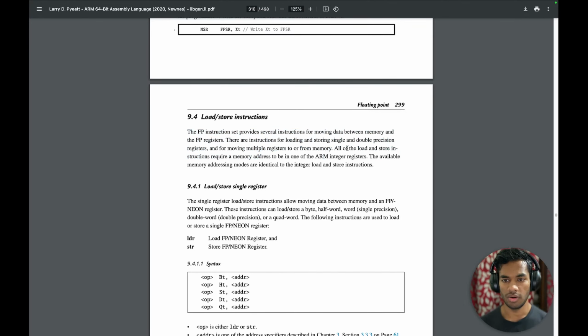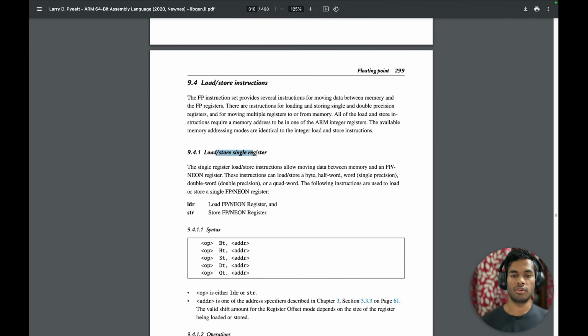All of the load and store instructions require a memory address to be one of the ARM64 integer registers. Oh, they want the memory address to be one of the ARM64 integer registers. That is the general purpose registers.